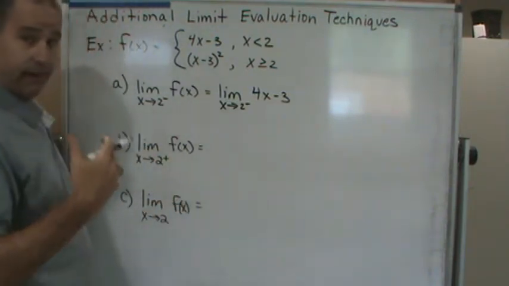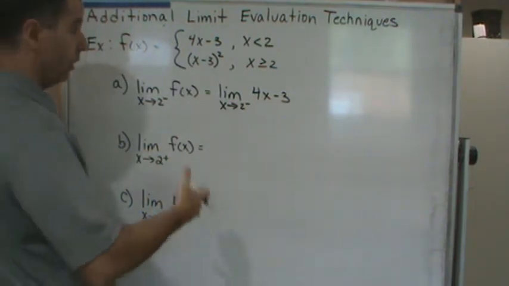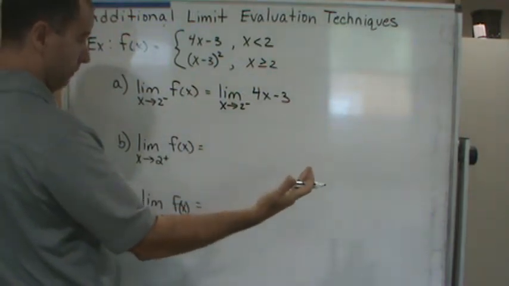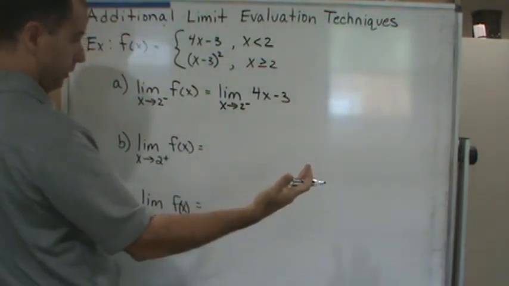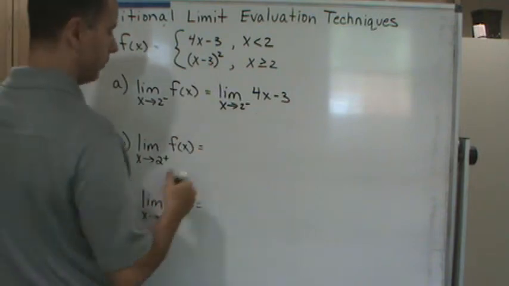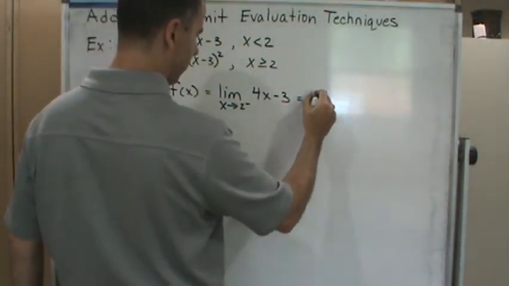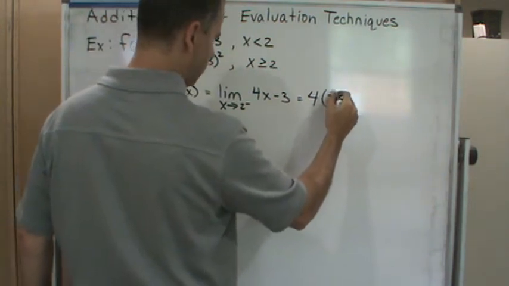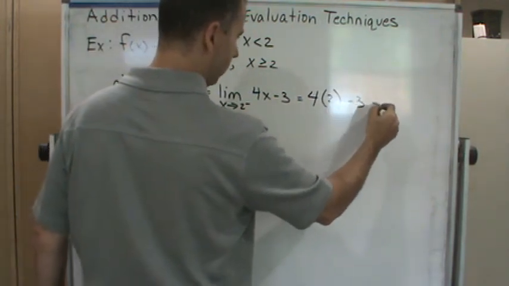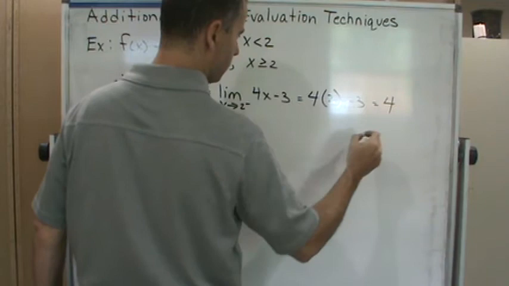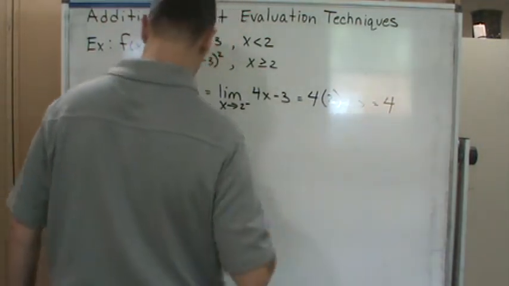Then that means it's defined on any open interval to the left. So now all we have to do is apply our limit rules. So this is going to be 4 times 2 minus 3, which is going to be 5, not 4.